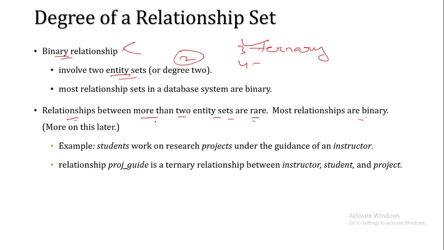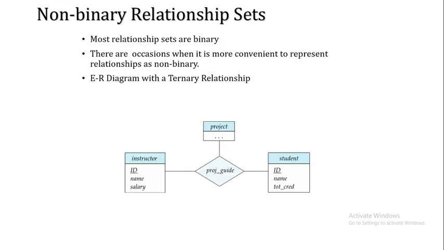So if there are 2 entity sets the degree is 2, if 3 entity sets the degree is 3, and 4 entity sets, 4, like that. So the degree defines the number of entity sets that participate in the relationship set. Most relationships are binary, and this is how you represent binary and non-binary sets in your ER diagram.